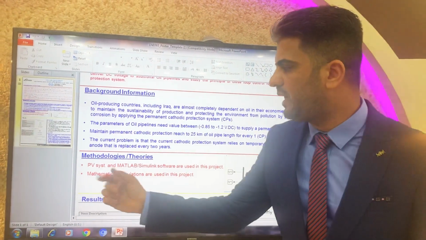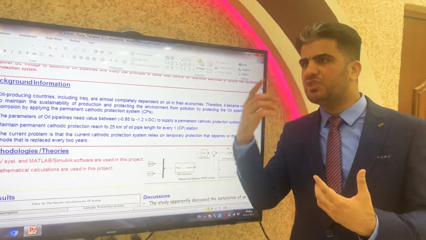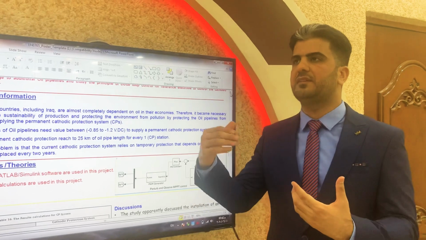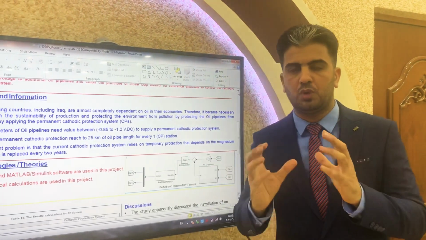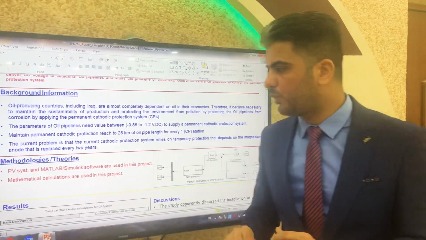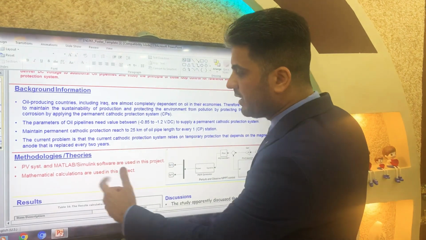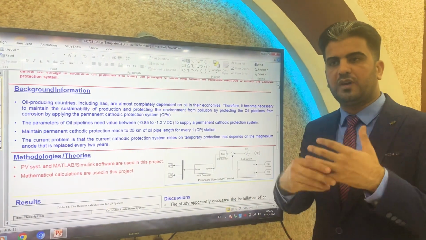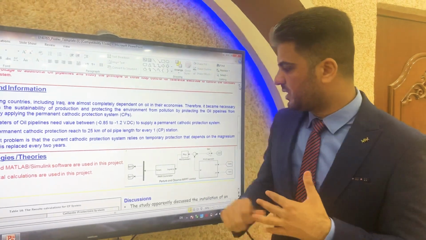I also use PVsyst to find how much current, how much battery current, and how much PV radiation from solar there is in Iraq, because every site is different from others. I also depend totally on mathematical calculations to design the standalone off-grid permanent cathodic protection system.